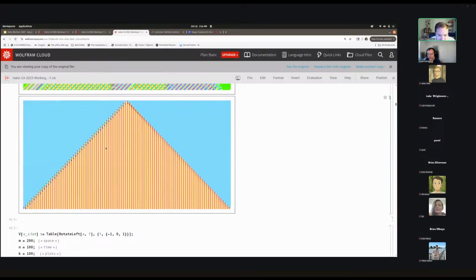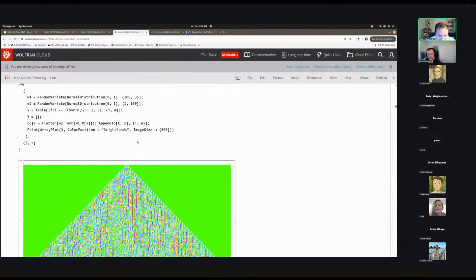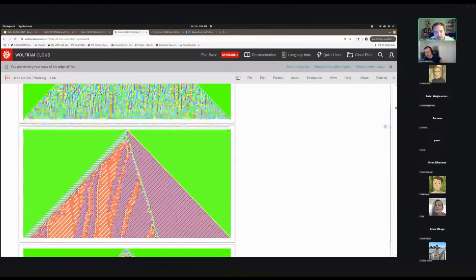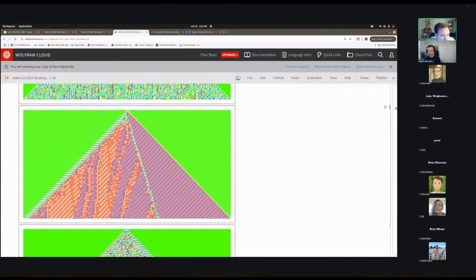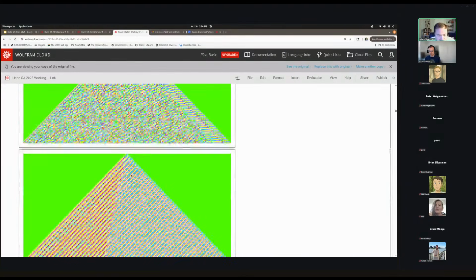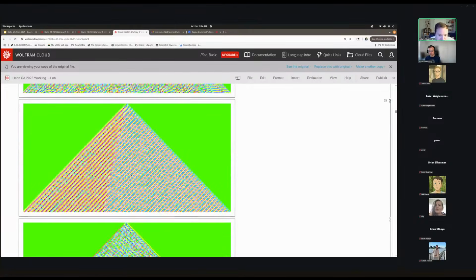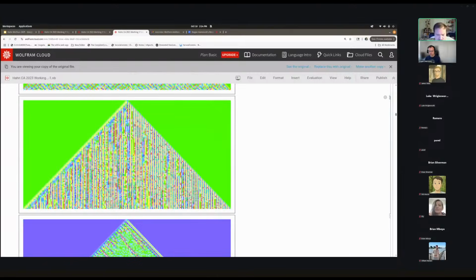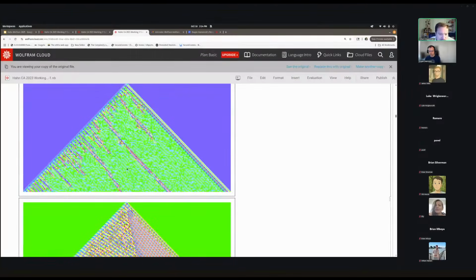Sometimes we get very simple behavior, but other times we get richer behavior that looks either random, or again, these pseudo-particles, which are kind of like the gliders in the Game of Life, or Rule 110, where you have these stable, kind of like a soliton, that will move through this dynamic as it goes. So I encourage everybody to take a look at this notebook.